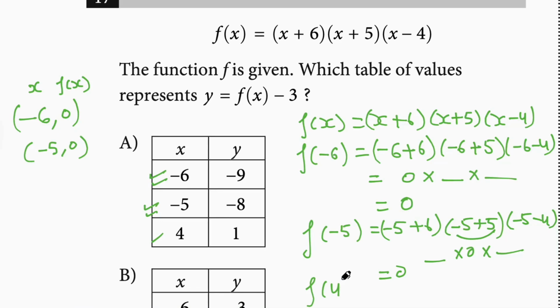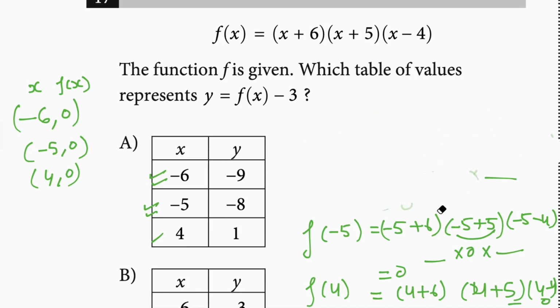And f of 4, again if you plug in, 4 plus 6, 4 plus 5 and 4 minus 4. So this is 0. So that means f of 4 is also 0. This is one way of thinking about it. I'm just giving the inputs according to the question. So all of them are 0.